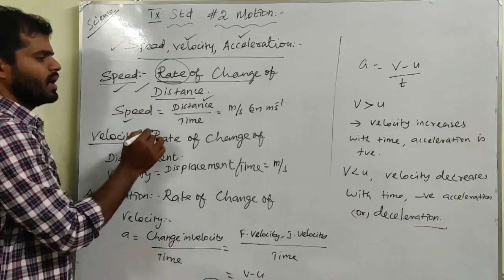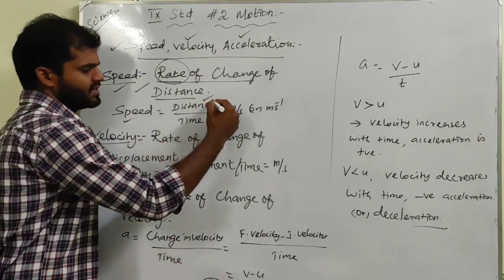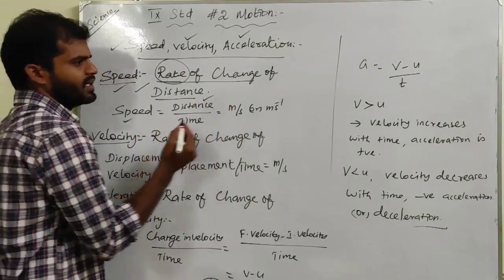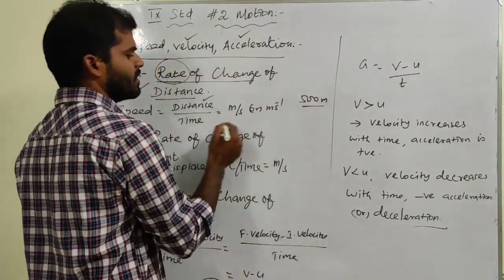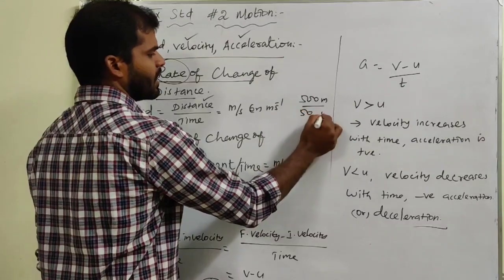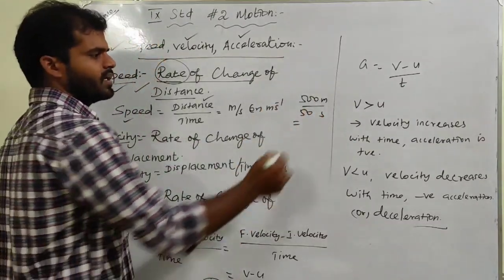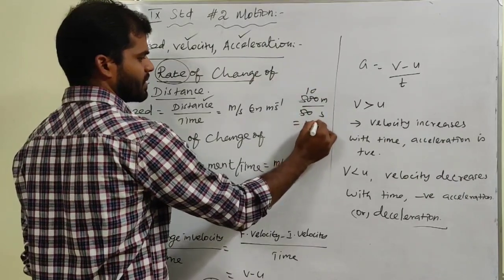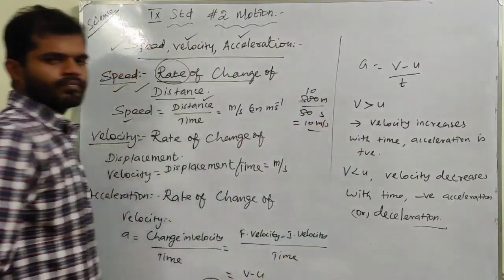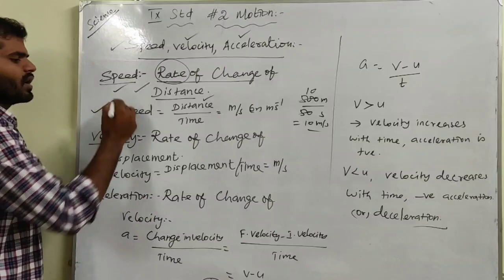So when you know the formula and when you know the distance and the time, for example, distance is 500 meter and the time taken is 50 seconds, I can measure the speed, right? Just cancel. How much? 10 meter per second, right? So this is how we have to calculate the speed.